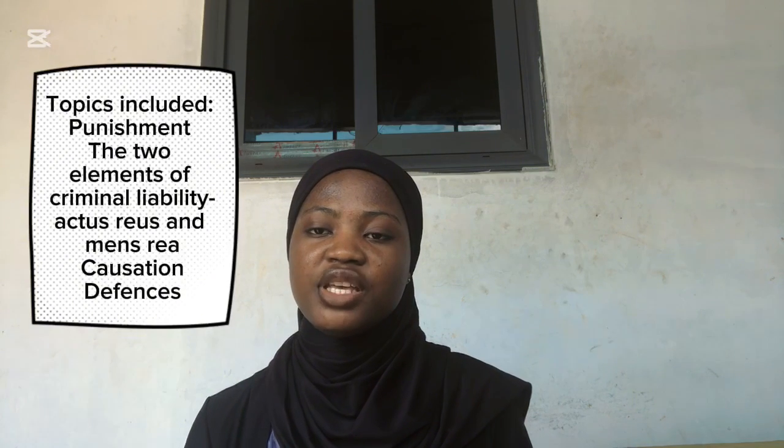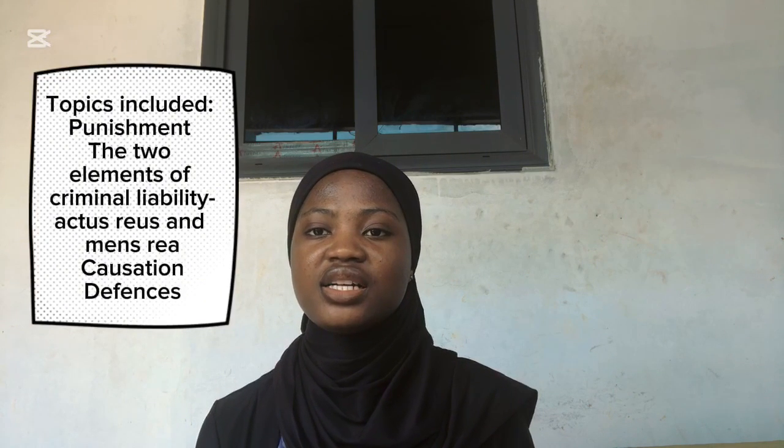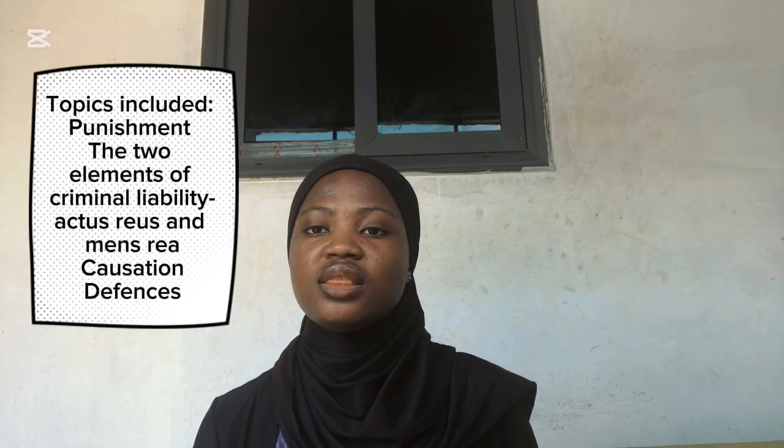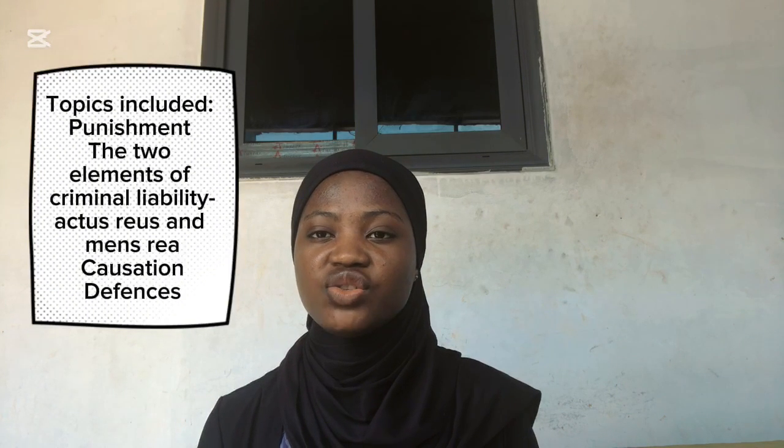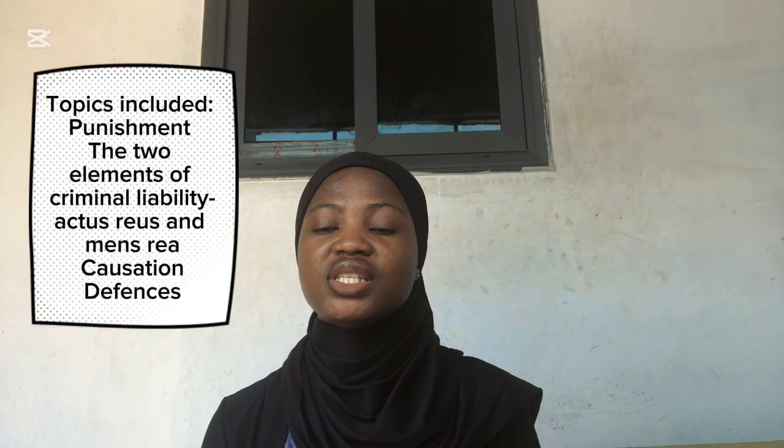The physical element, which is the actus reus, is simply the prohibited act or the physical act which has been prohibited. Then we have the mens rea, which is the state of mind. Usually we would say the intent, but intent is just one out of the many possible states of mind required or necessary to establish criminal liability.